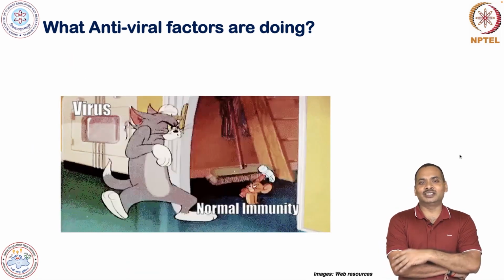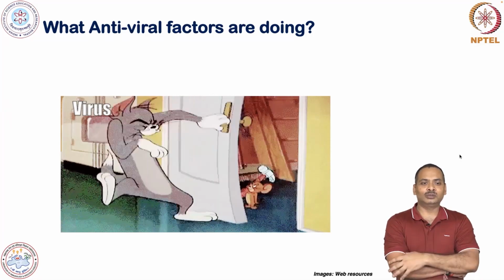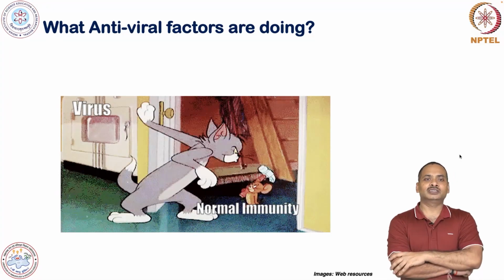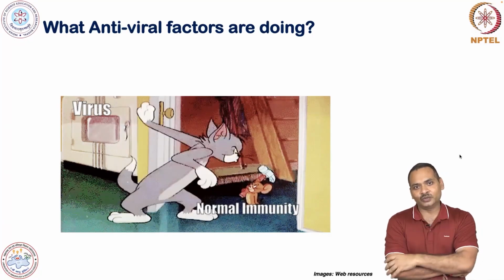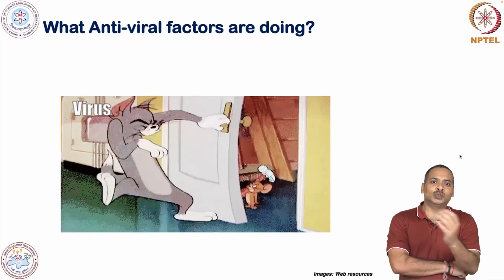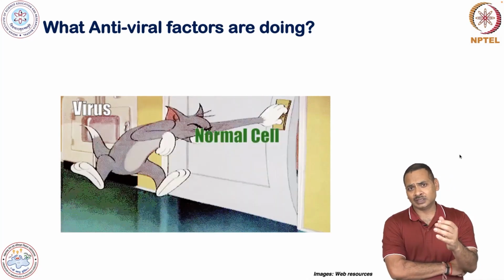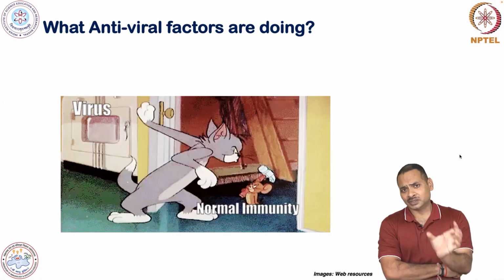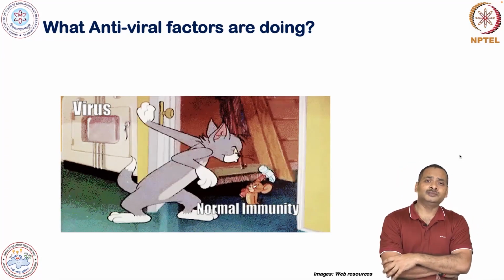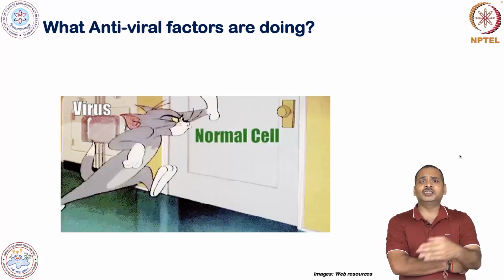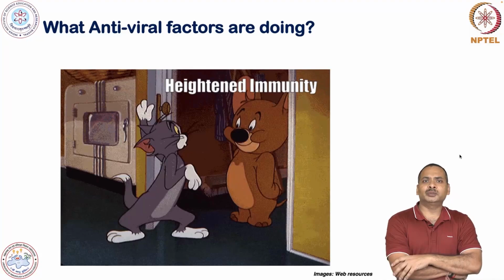Here I am just depicting this, probably you will like it. Here you can see a normal situation, and in the normal situation there is a virus infection. This virus is basically dominating over the host. But once there is a virus infection, the virus is sensed by our cells, and then there will be production of type 1 interferon. When there is a sufficient amount of type 1 interferon, the situation will be absolutely upside down.